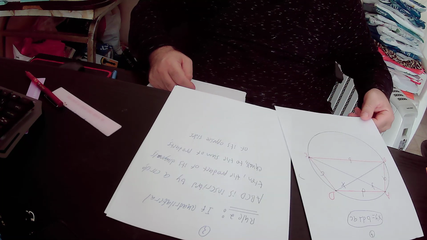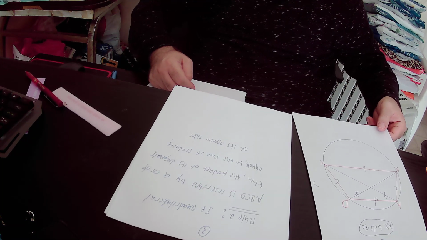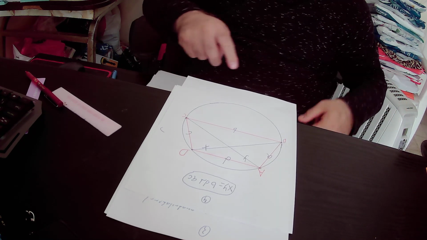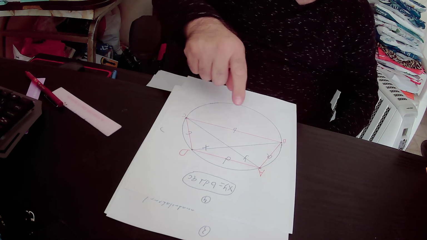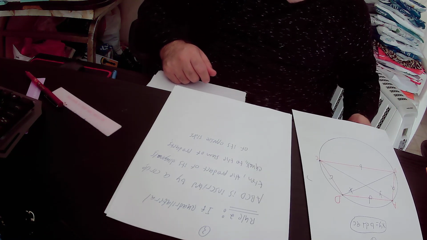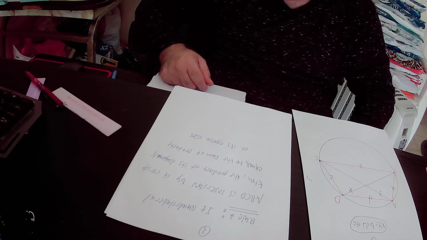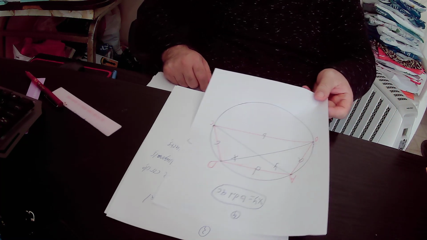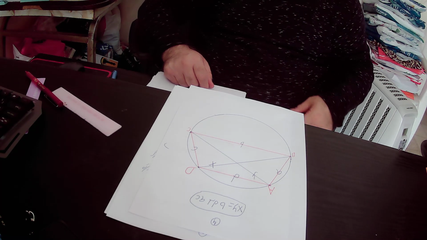And according to rule number 2, the product of its diagonals, that is to say x times y, equals the sum of the products of its opposite sides.